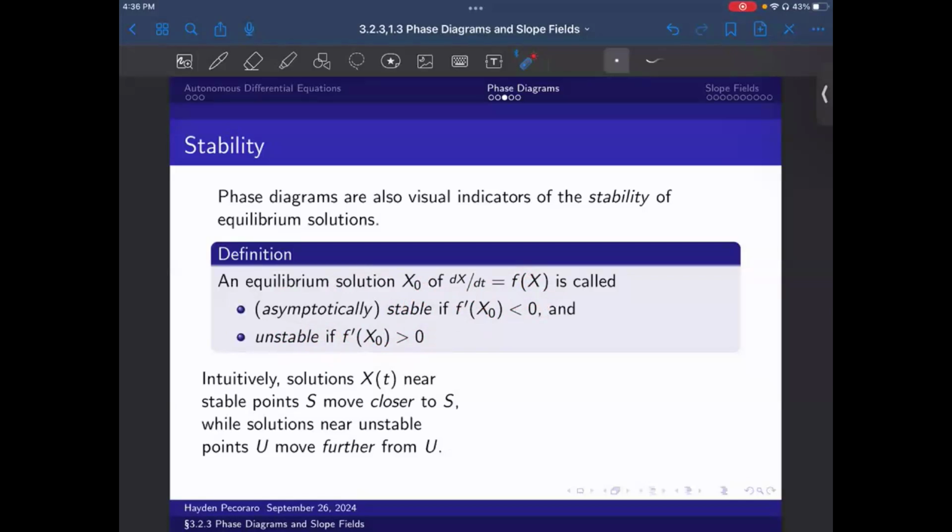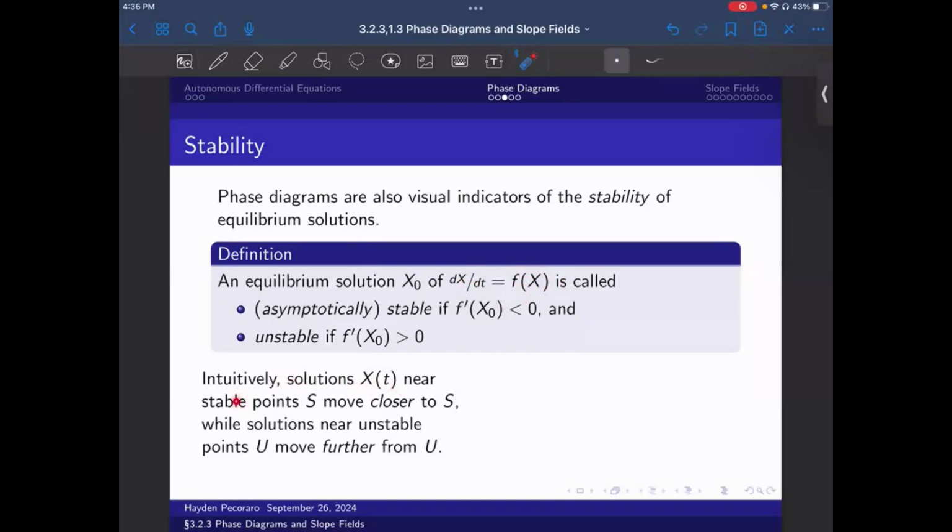Might have that backwards. I'm not sure. I'll double check that. So you can check stability by checking the sign of the derivative of this thing, which is the second derivative of x, the thing that you're interested in.